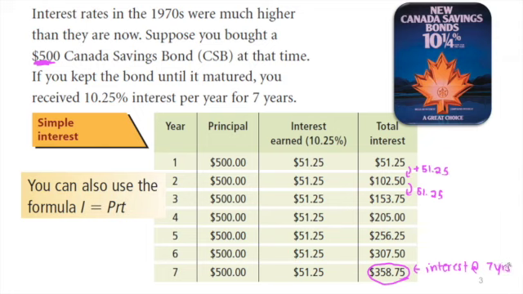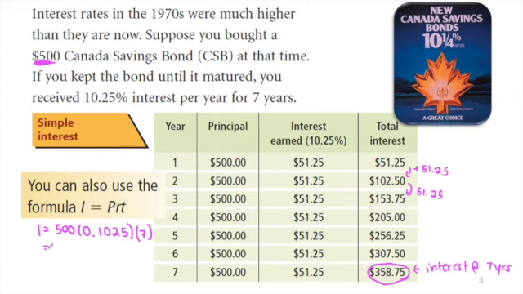Okay, also, you could use the formula I equals PRT, and I'll show you that quickly because I think that's way easier and way more simple than this. So I is equal to, you're going to take your principal, which is $500. Your rate is 0.1025 as a decimal, and then your time is 7 years.